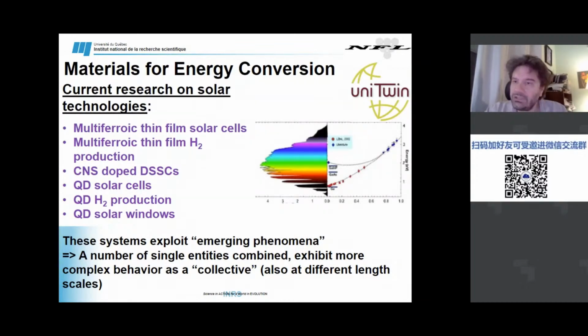So let me remind you the laws of thermodynamics. The zeroth law of thermodynamics basically tells us that there is a temperature which is called absolute zero, 0 Kelvin, and it's impossible to go lower than this temperature.